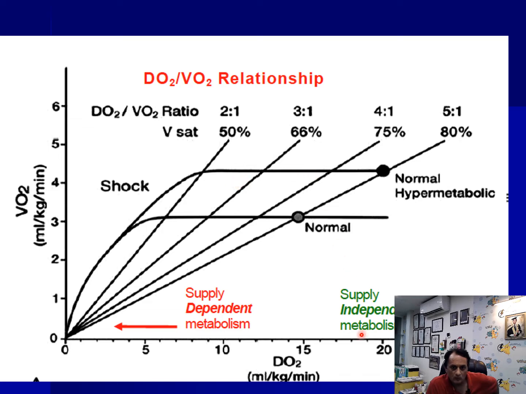Normally, oxygen delivery matches oxygen consumption, and in a normal patient it is 5 times more. As shock progresses, consider the mixed venous saturation, which is normally 75 to 80. Anything less than 70 is shock.